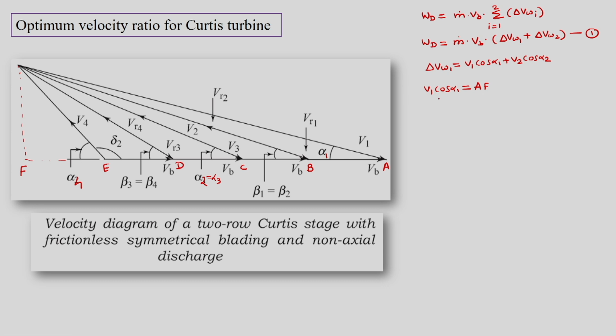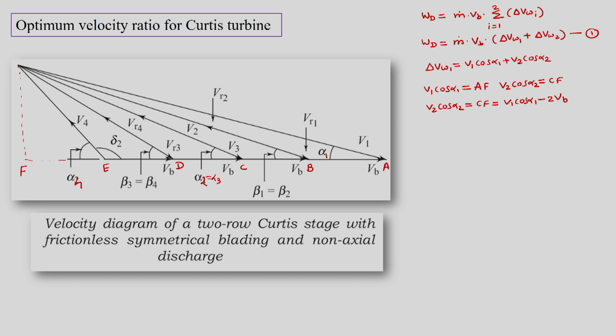Further we know that V2 cos alpha 2 is equal to CF, which is V1 cos alpha 1 minus twice Vb, and this would be useful to find out delta Vw1.